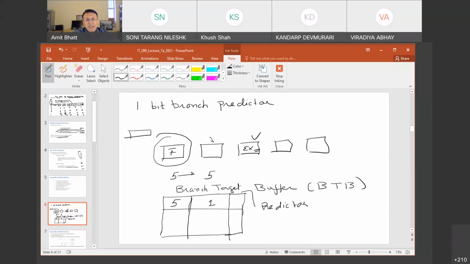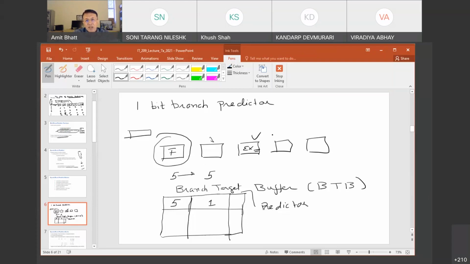Then, when instruction number 5 goes from fetch to decode, it will say, okay, this is a branch statement. So now you will put that memory address. Here, just for the sake of simplicity, I'm putting a decimal number 5. Actually, it would be a 32-bit address, but I'm just saying number 5 would be here. Target, it doesn't know where it would go.